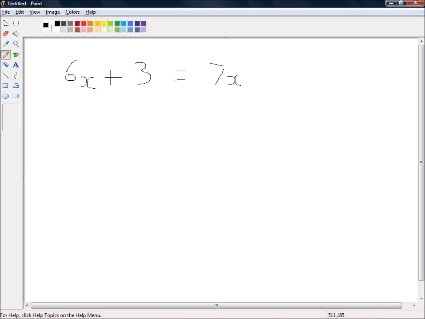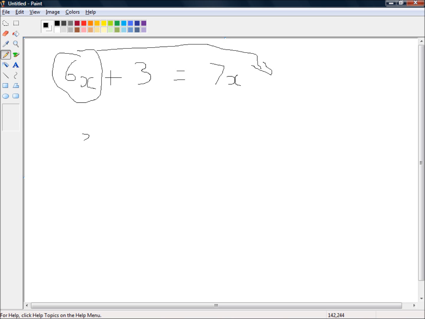Okay, so again, in this case, all we're doing is looking to get all the x terms on one side and all the numerical terms on the other side. So let's, in this case, to avoid negative numbers, let's just move the 6x over this side.